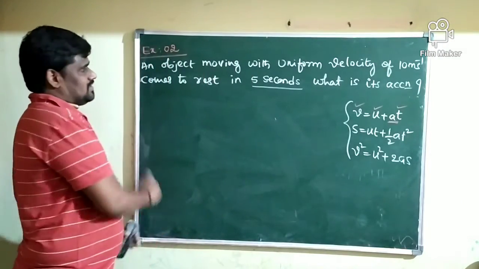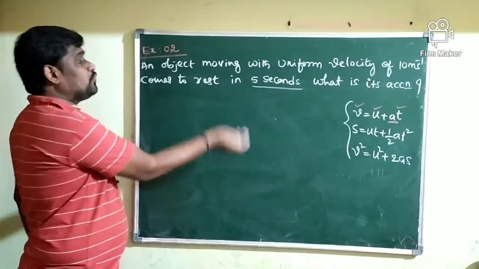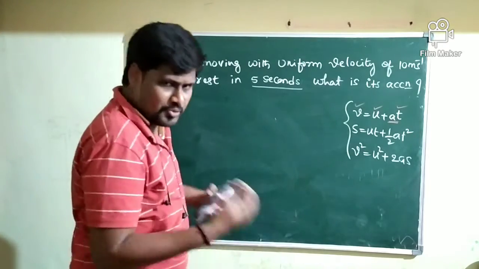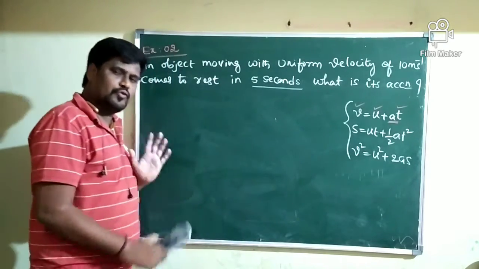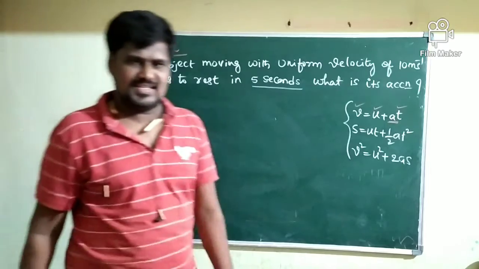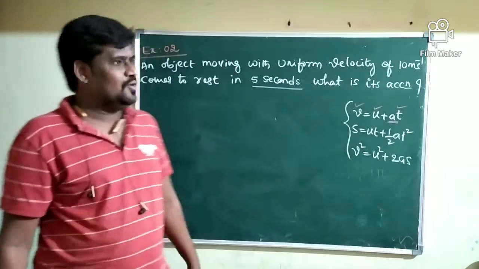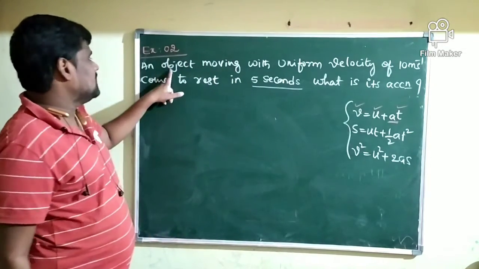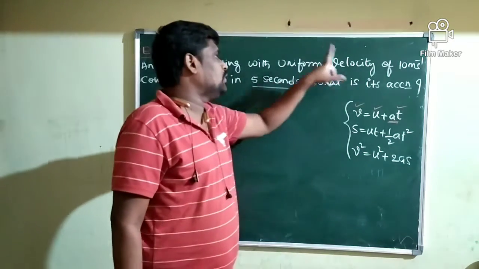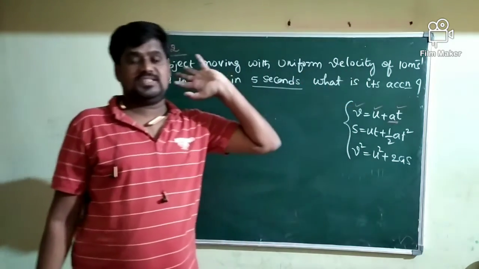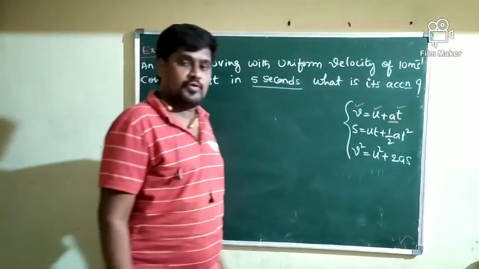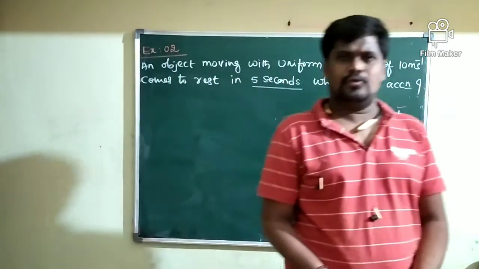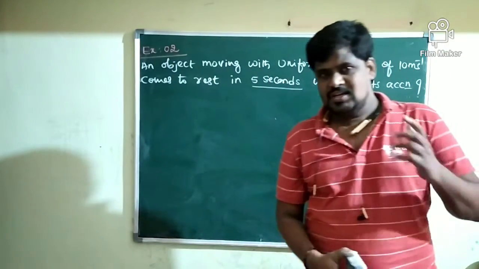Suppose they ask for the acceleration before 5 seconds, my answer is 0. Why is my answer 0? Because up to 5 seconds, the object is moving with uniform velocity. When the velocity of a body is uniform, you know very well its acceleration is 0.